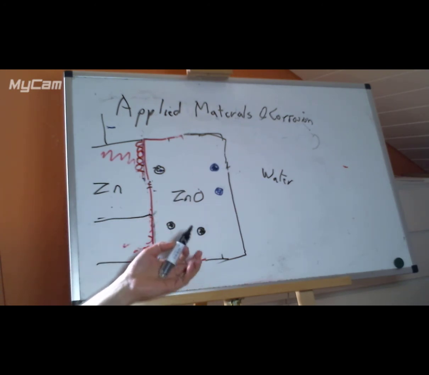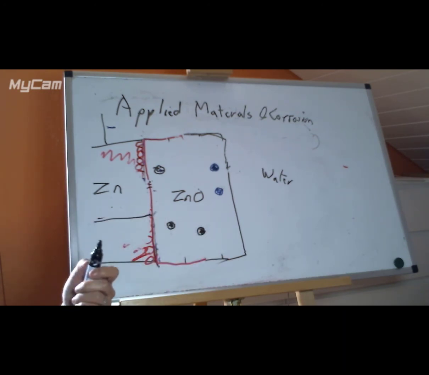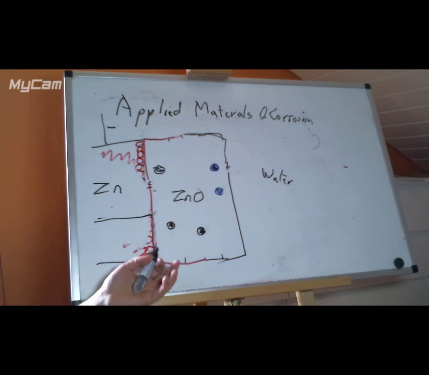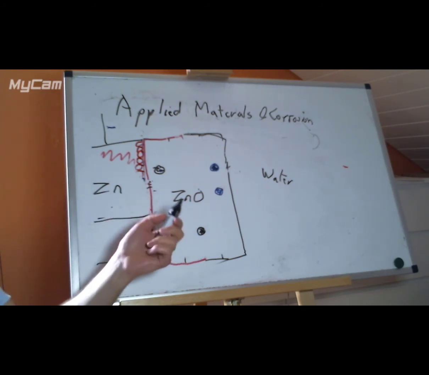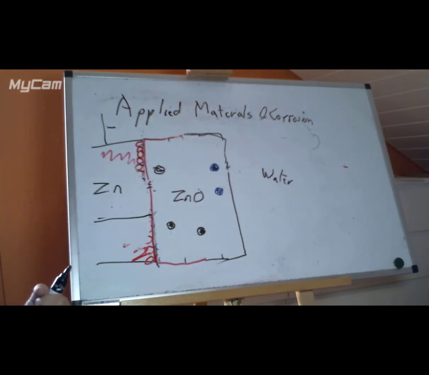So the more zinc that we push into our zinc oxide, the more conductive it's going to be, and the more the zinc oxide is going to conduct, and that is not going to make the zinc corrode anymore, because we're actually reducing it. So we're actually protecting it from corrosion.